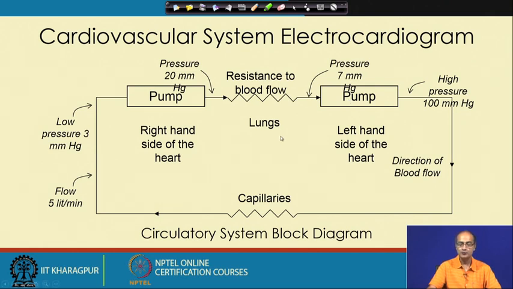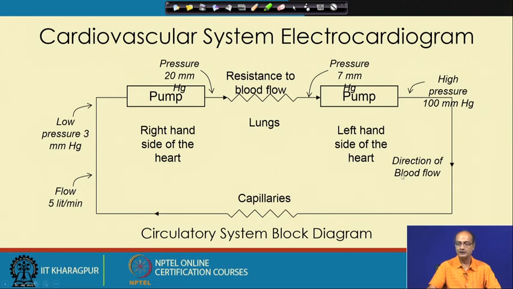In this process, the arteries and veins are not just carrying the blood. The veins also have some valves within them, so they help the unidirectional flow of the blood.